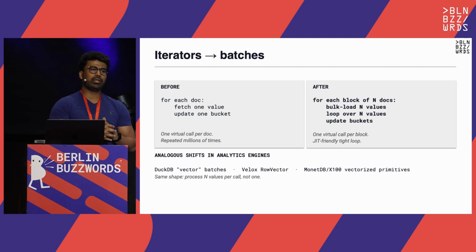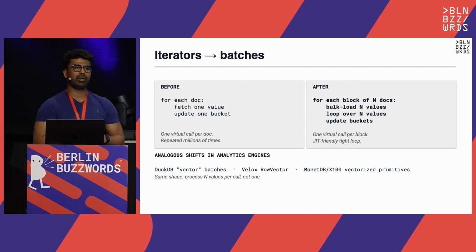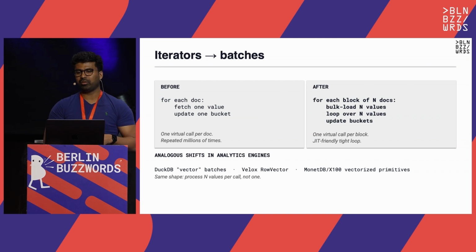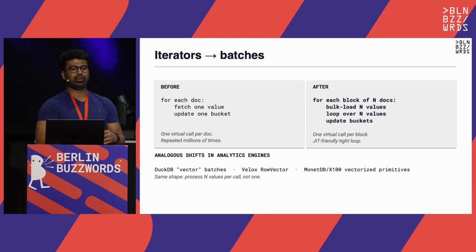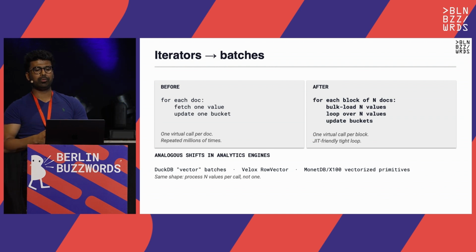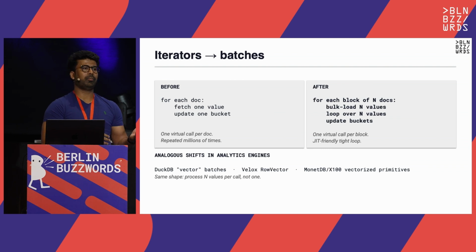Now coming to the execution path, how do we escape the per-document tax? Conceptually it is very simple. You want to process the documents in batches, but the implications run very deep. For example, earlier it used to be: for every document, fetch the doc value, update the bucket. So it's one virtual call per doc.